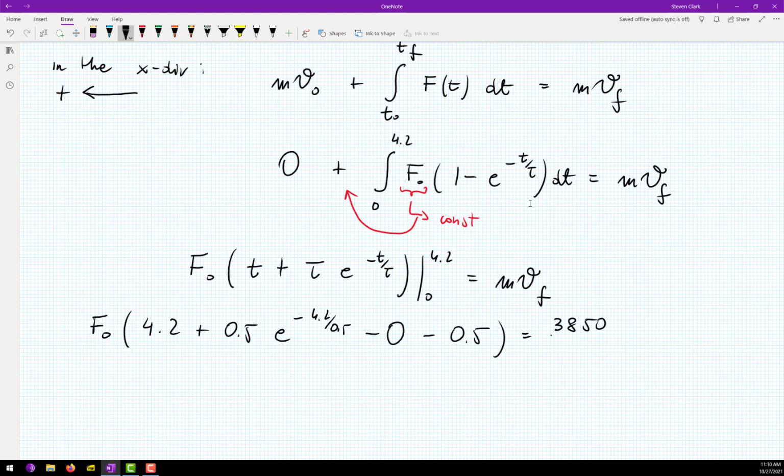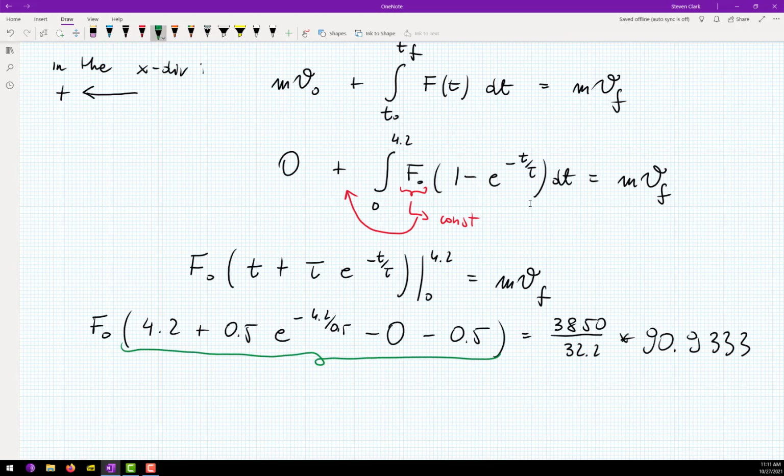3850 divided by 32.2 times 90.9333. If you grab your calculators, you will see that this expression is approximately 3.700, and this expression is approximately 10872.460.